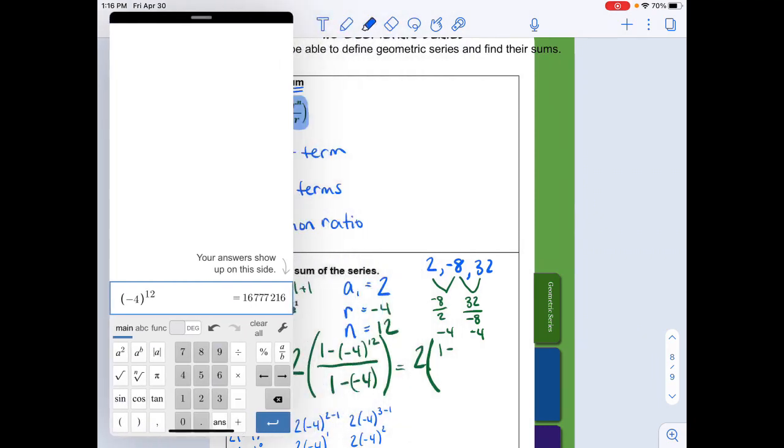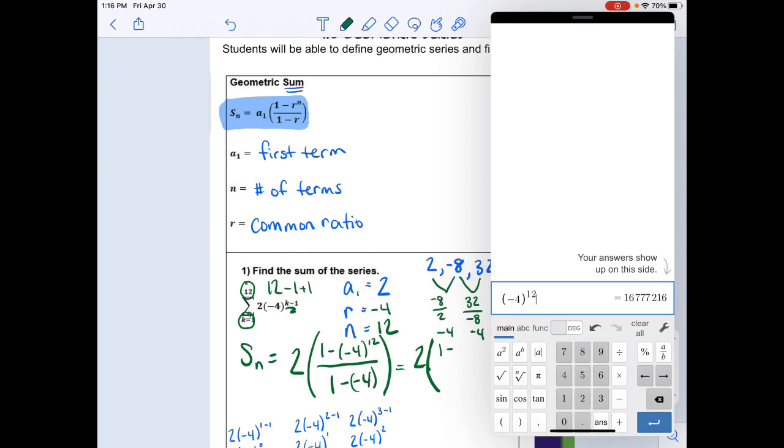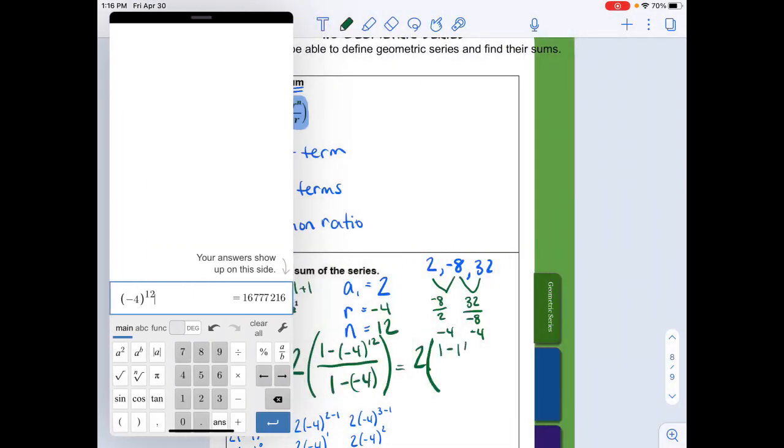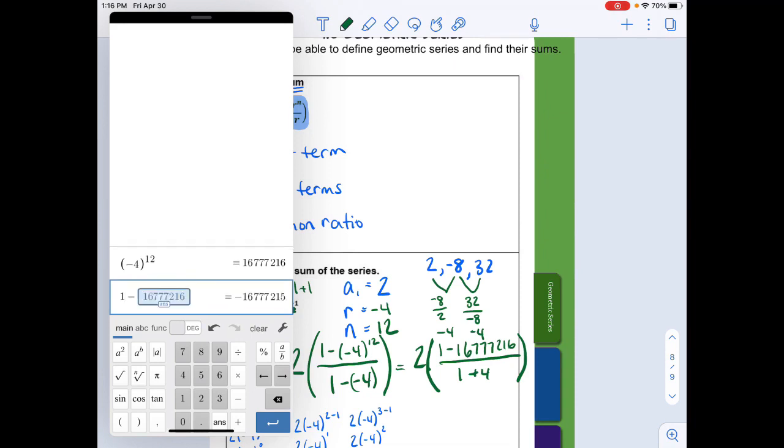But we still have the minus from the rest of the problem. We end up getting 2 times negative 16,777,215 divided by 5.